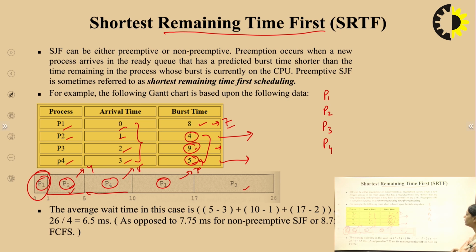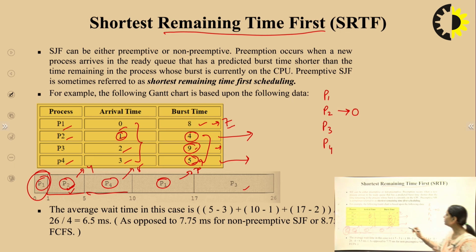If we look for P2, P2 came at 1 millisecond, and at the same time, the time when it entered into the system, it got the CPU allocation. Therefore, the waiting time for P2 is 0, because as soon as the job came into the system, it was allocated the CPU, and hence the waiting time for P2 is 0.